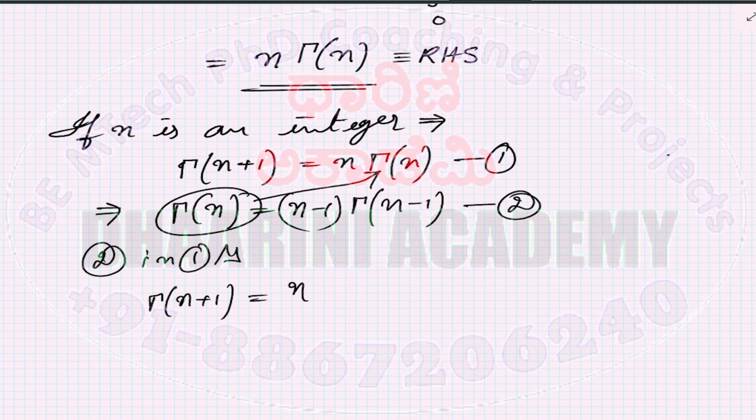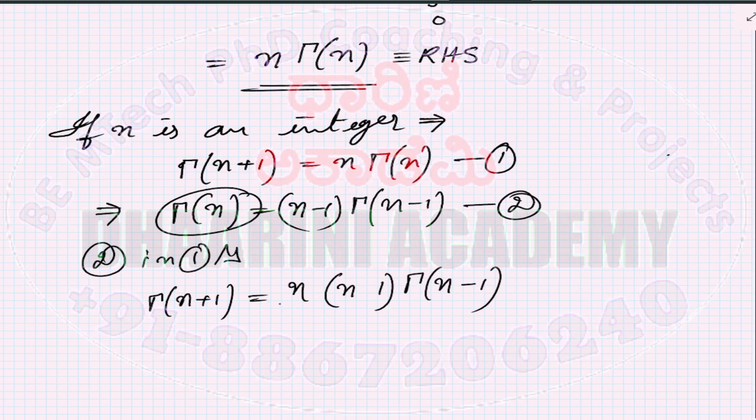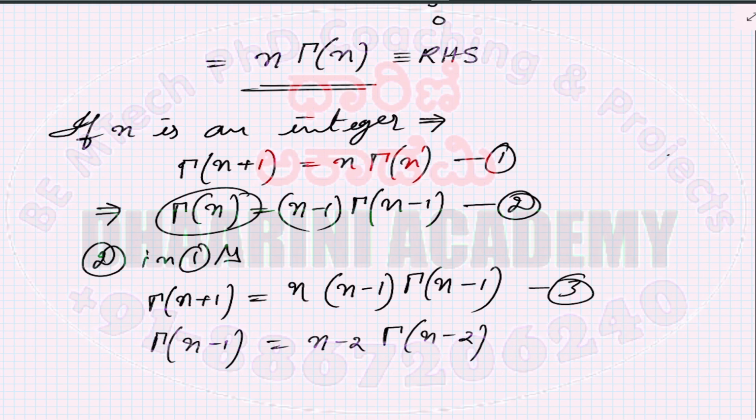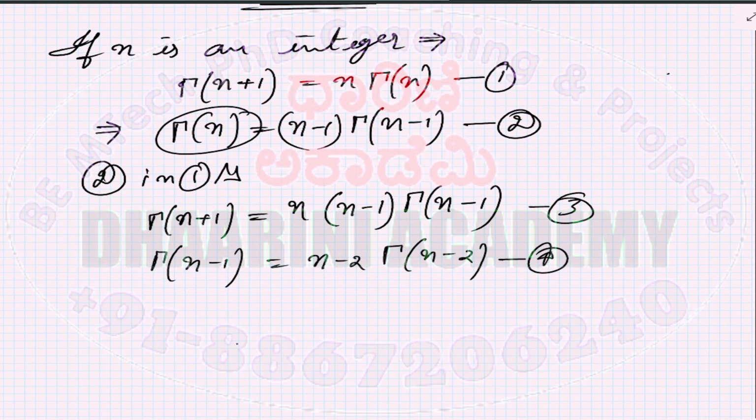The substitution looks like this: n as it is, and instead of gamma of n, I write n minus 1 gamma of n minus 1. Right, so let me hold on to this. This is equation 3. Now I substitute for gamma of n minus 1. Apply the same thing, one less than that, that is n minus 2 gamma of n minus 2. This is 4. I substitute 4 in 3.